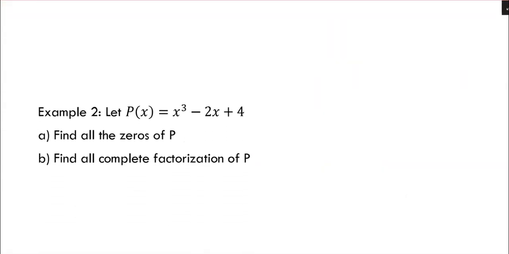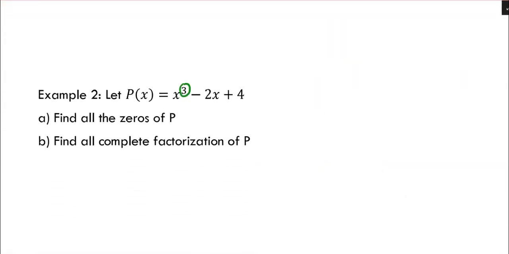Okay? So once again, we have to find all the zeros. Let's go ahead and set this equal to 0. How do we do this? Well, there isn't any other way.